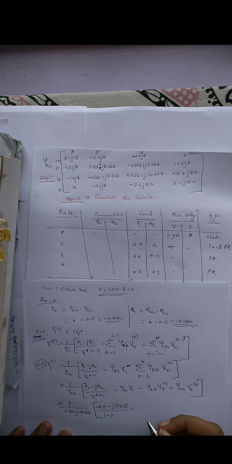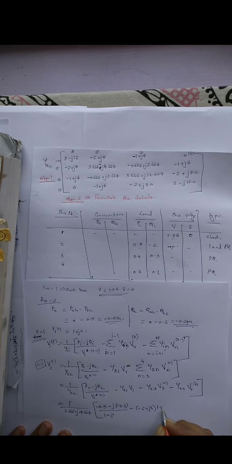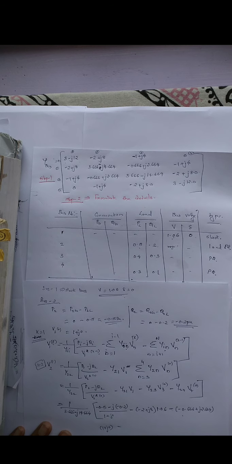Y21. What is Y21? That is minus 2 plus j8, minus 2 plus j8 into V1. V1 value was 1.06. Minus Y23. What was Y23? Y23 is minus 0.666 plus j2.664 into V3 which is 1 plus j0, minus Y24.